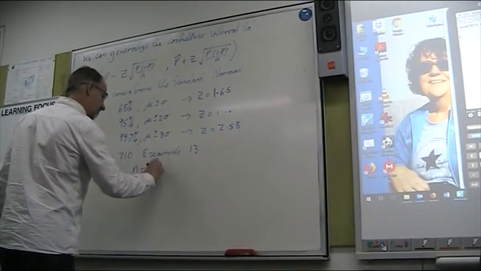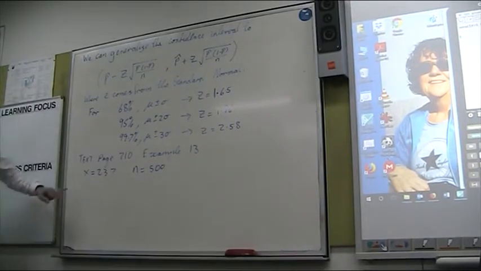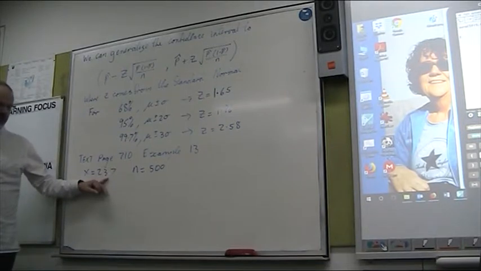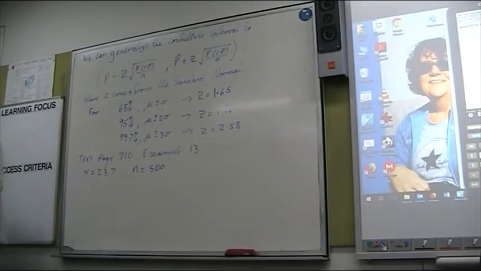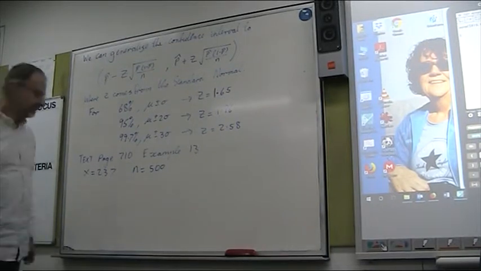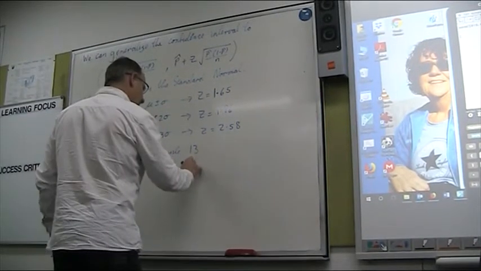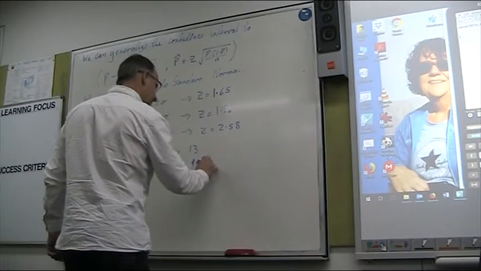Out of 500. So it's just representing the thing we're looking for, whatever it is. 237 of them out of the 500. It says find a 95% confidence interval for the proportion. All right, so we want 95% confidence.